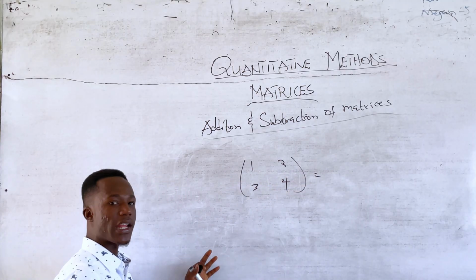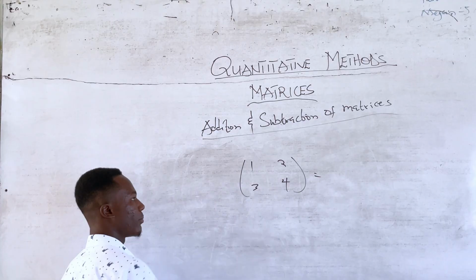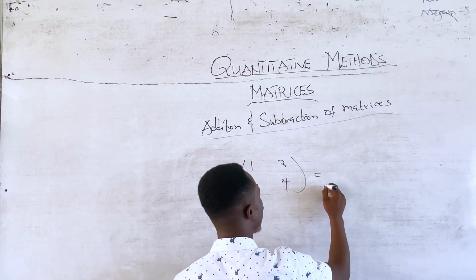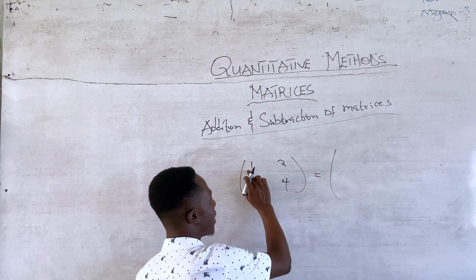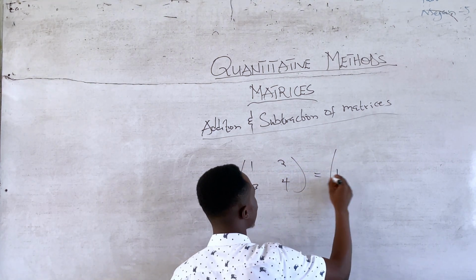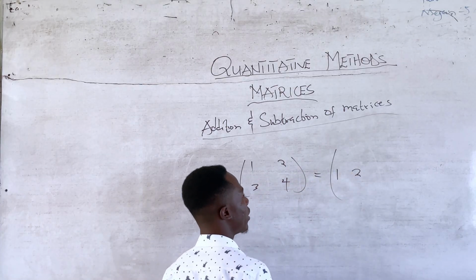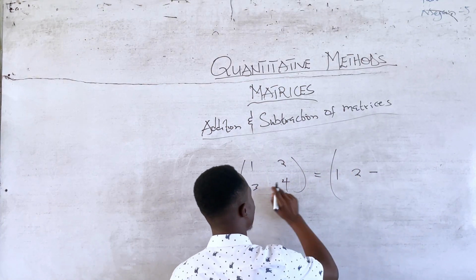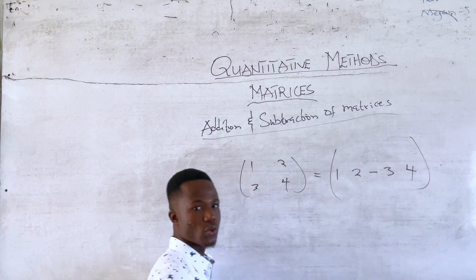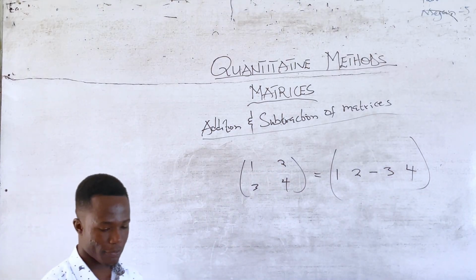Because you can't arrange them like this at the comment section, write the first row first, 1 2, then a dash, then 3 4, so that it will be easy for me to interpret. Do it this way for me.